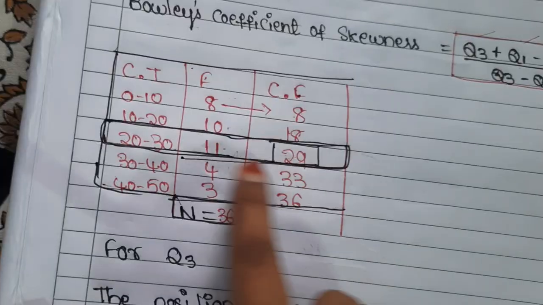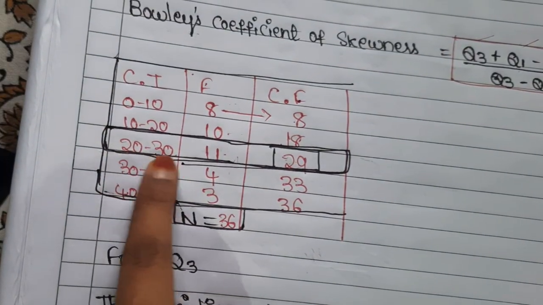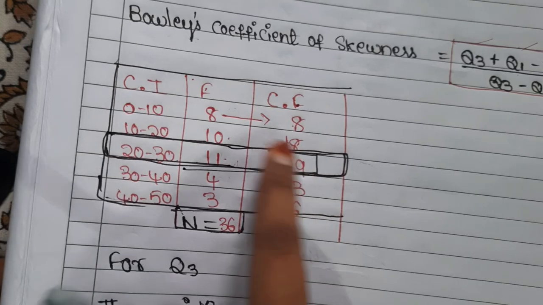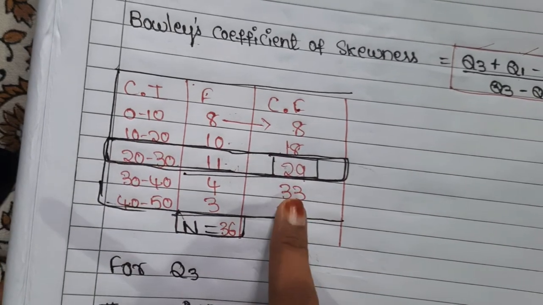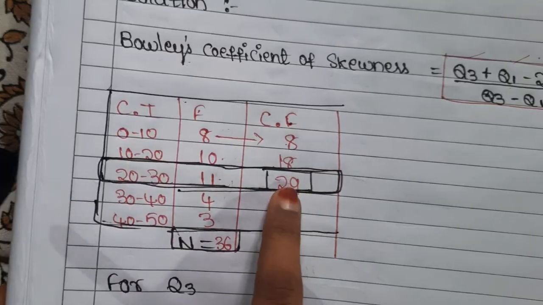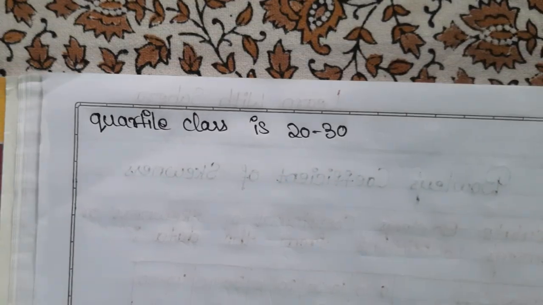Yes or no? 20 to 30? Here 29 is lying in the class interval of 20 to 30. If the cumulative frequency used to be 18, we used to take 10 to 20. If it used to be 33, we used to take 30 to 40. But here we got 29, right? So that is why we are taking 20 to 30. So the quartile class is 20 to 30.